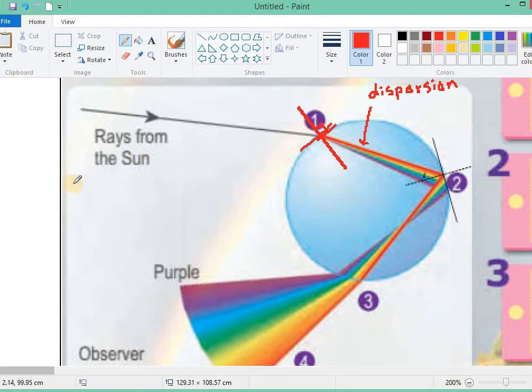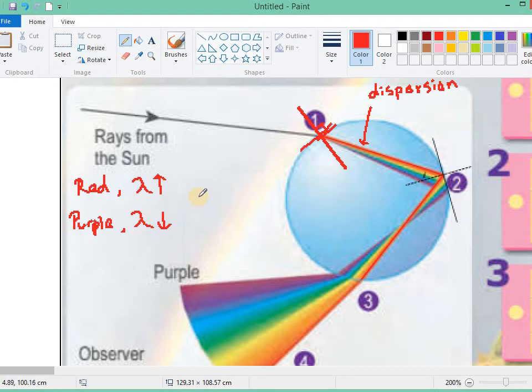So red color, the wavelength is longer until blue or purple, the wavelength will be shorter.